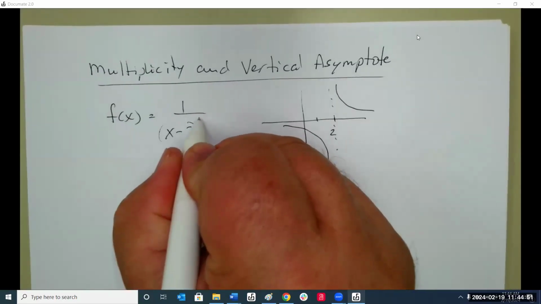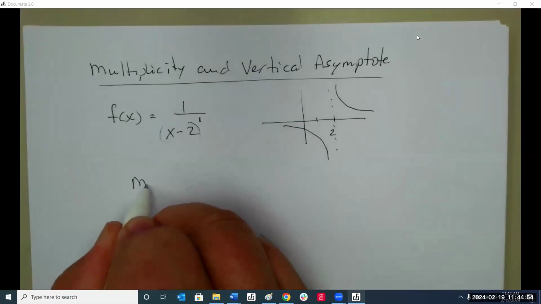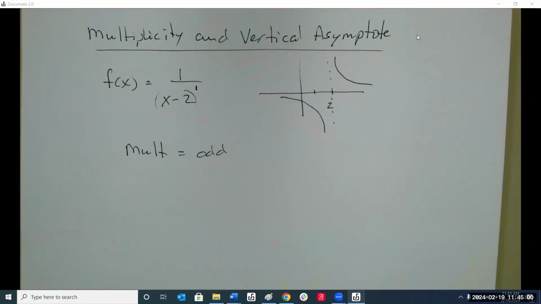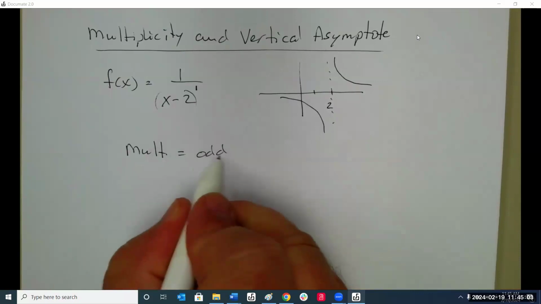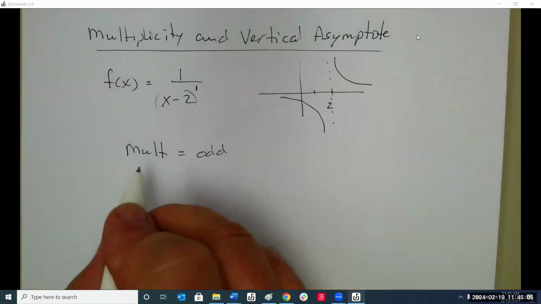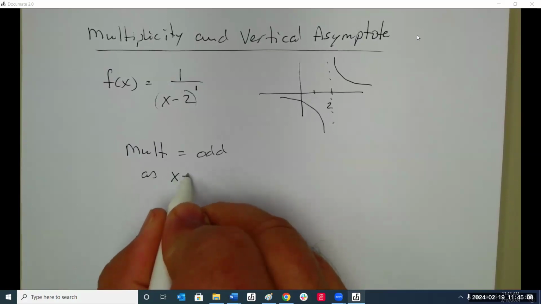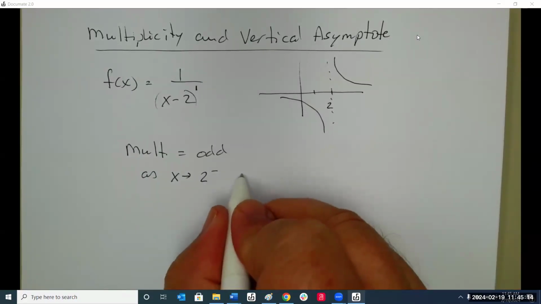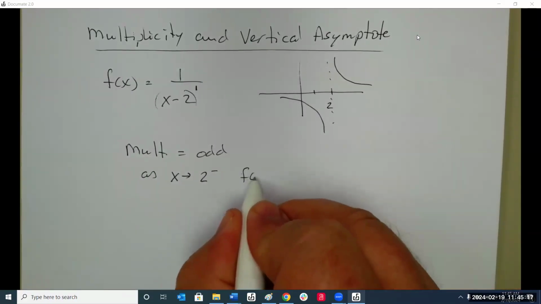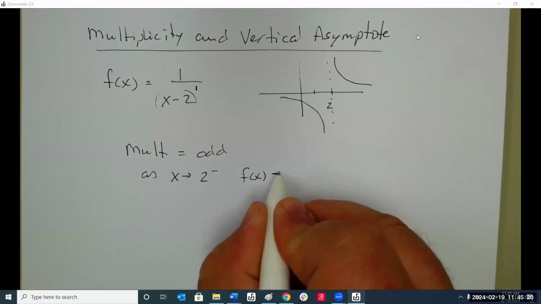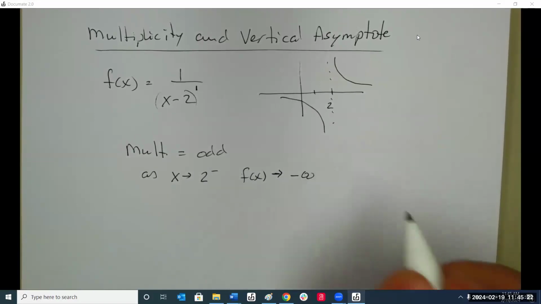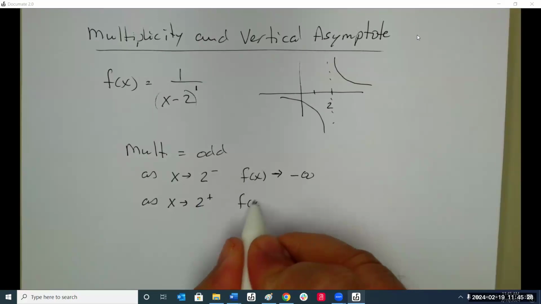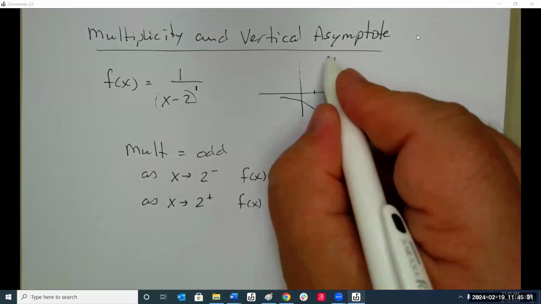The multiplicity is 1. Is it odd or even? It's odd. So since the multiplicity is odd, as x approaches 2 from the left, the function approaches -infinity. As x approaches 2 from the right, the function approaches +infinity.